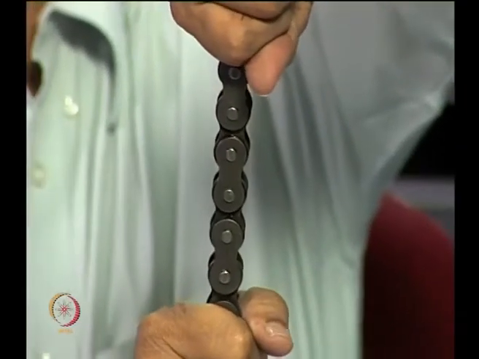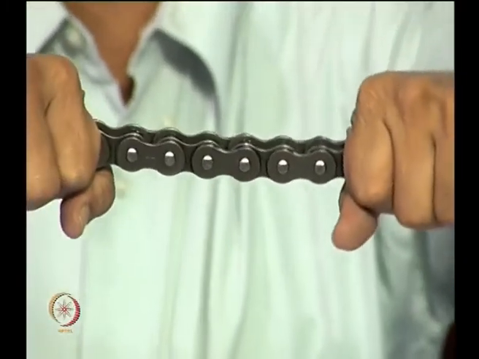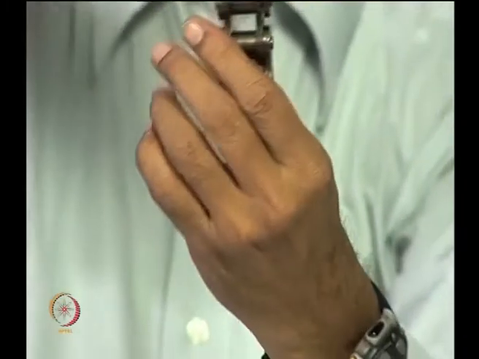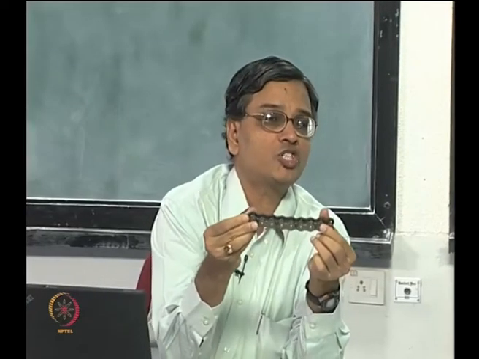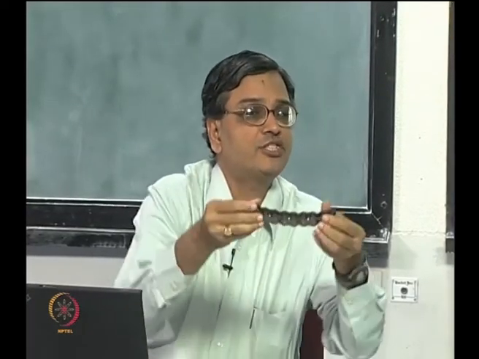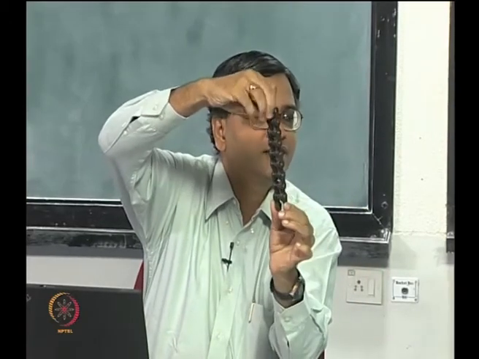chain, and you have this in your bicycle. It is also used in power transmission, and in practice you have two sprockets on either side, and this is subjected to essentially tension in actual service. Okay.